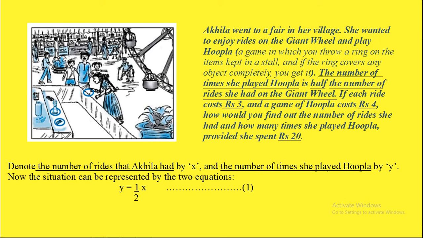And if one game of hoopla costs ₹4, then the total rupees she spent to play hoopla will be 4 into the number of times she played hoopla, that is 4 into y. And the sum of these two costs, that is 3x and 4y, will be the total rupees she spent to play both the games, that is equal to 20. So we get another equation: 3x plus 4y equals 20.